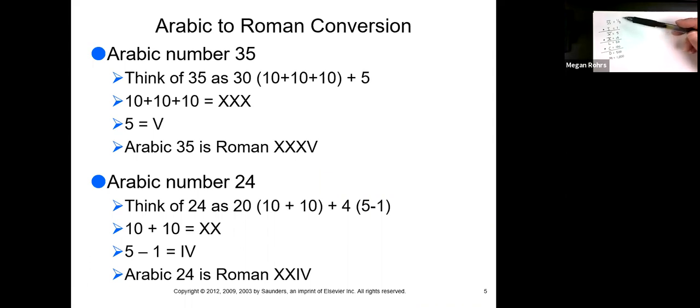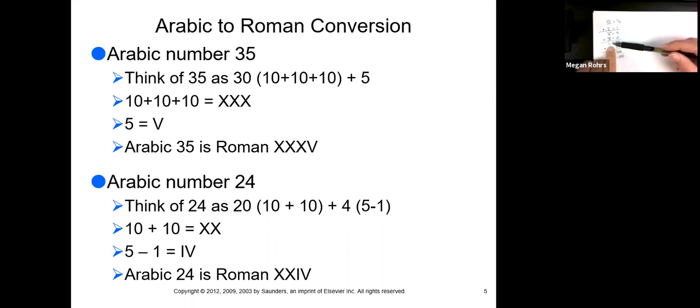So when you're looking at your list of Roman numerals, you may think, well, 50 is the closest to 30. However, it's larger than 30, and the rule to subtract anything from 50 would mean that we would have to put something before an L, okay?